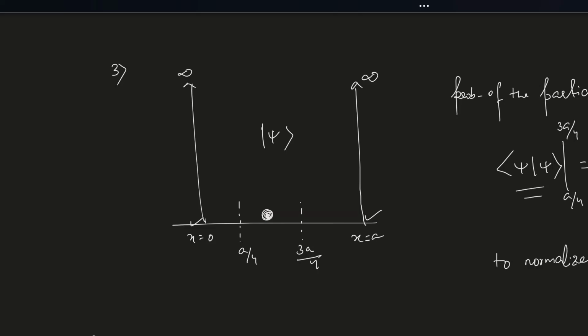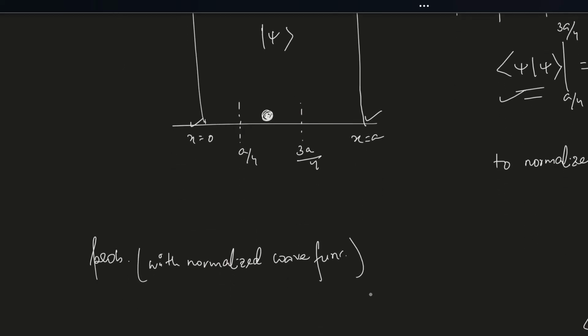So this is very important: if you do not normalize your wave function, then the probability information that you are getting is not actually the right answer. So to ensure that, check whether the wave function already provided to you is normalized. If yes, then okay, you don't have to do anything else other than this form, but if no, then you have to also take care of the normalization factor within this probability value.